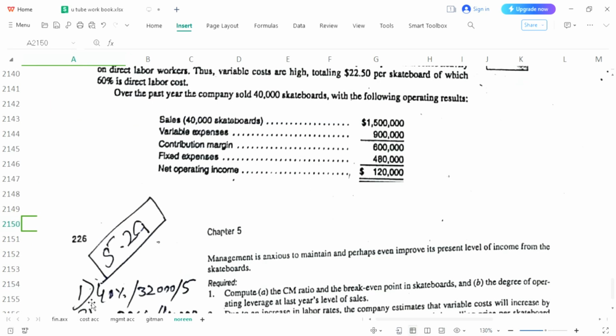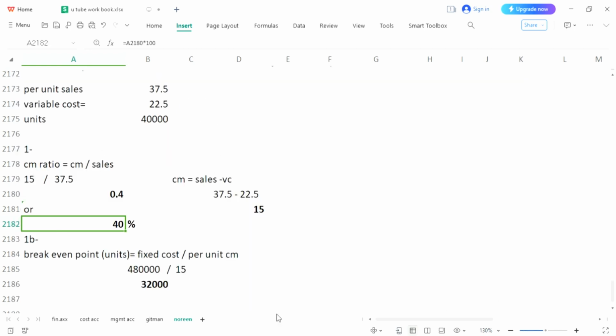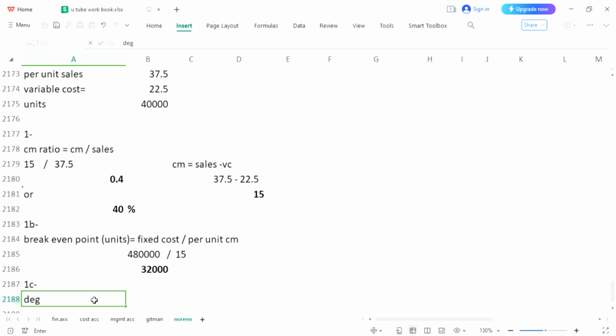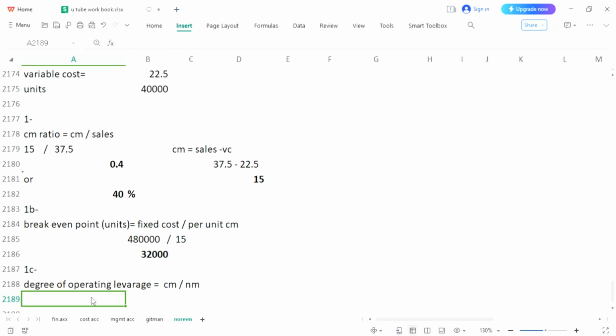Now let's see what was the third. Degree of operating leverage we are now going to calculate. This would be 1C. Degree of operating leverage is calculated by dividing CM by net margin.